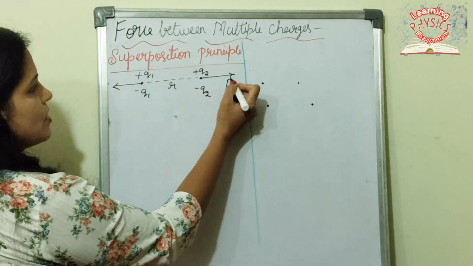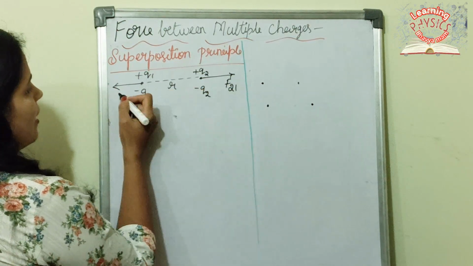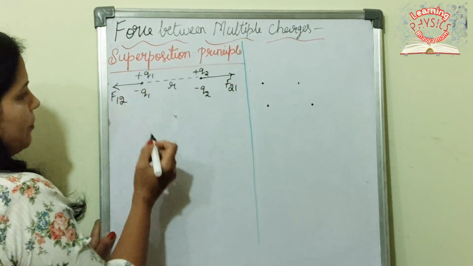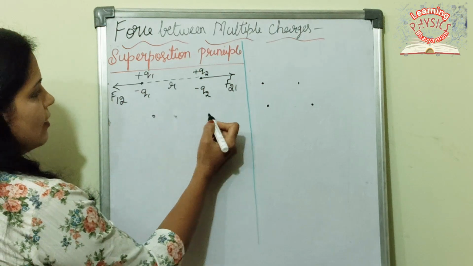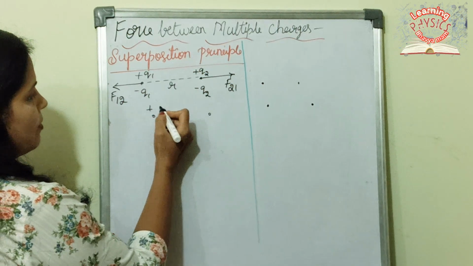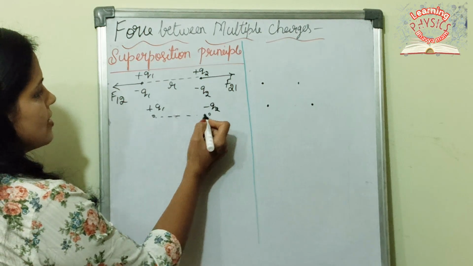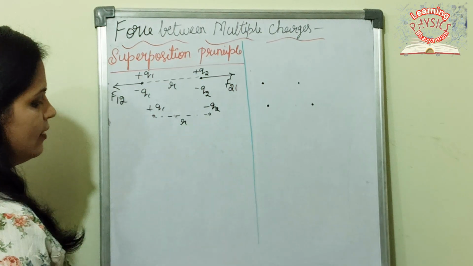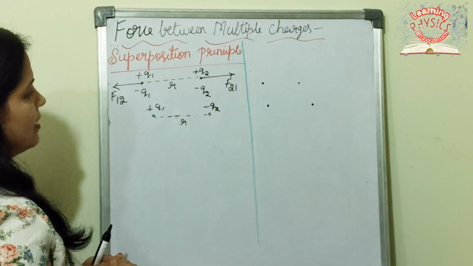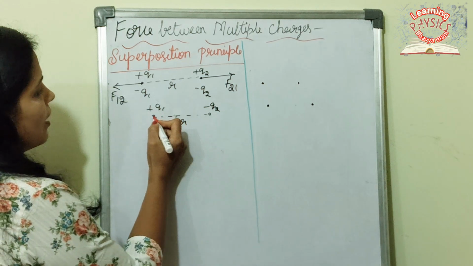So with the force F21 and F12, or if there are unlike charges, plus Q1 and minus Q2 at a distance R, then they attract each other, right?